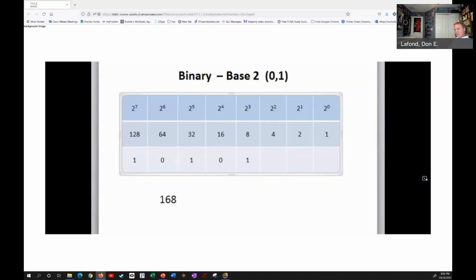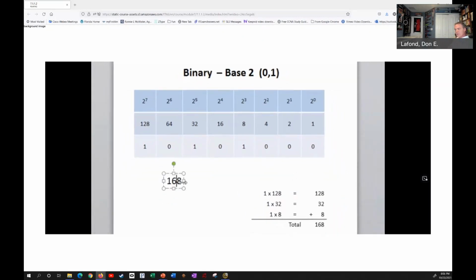I'll follow this up with zeros in the 4's place, the 2's place, and the 1's place. And 168 in binary equals 10101000. 128 plus 32 plus 8 equals 168.